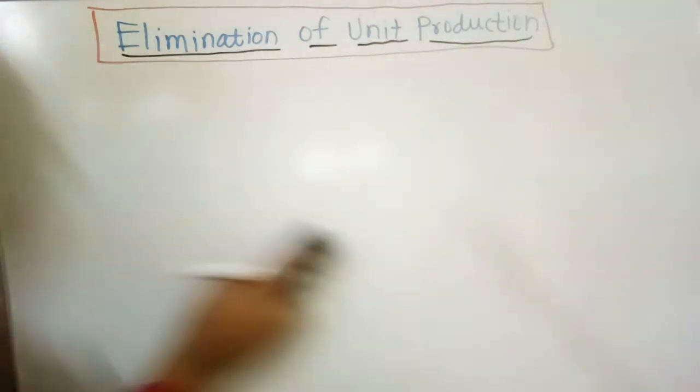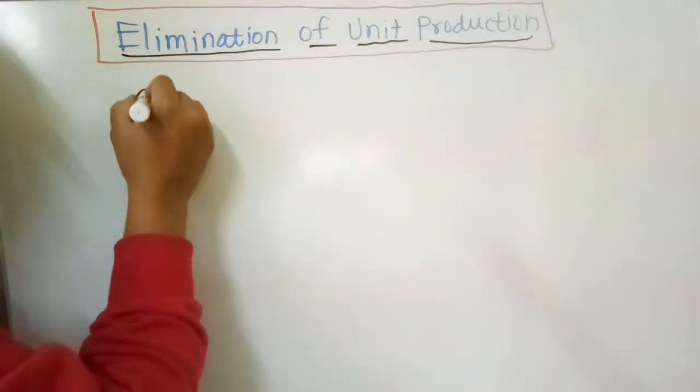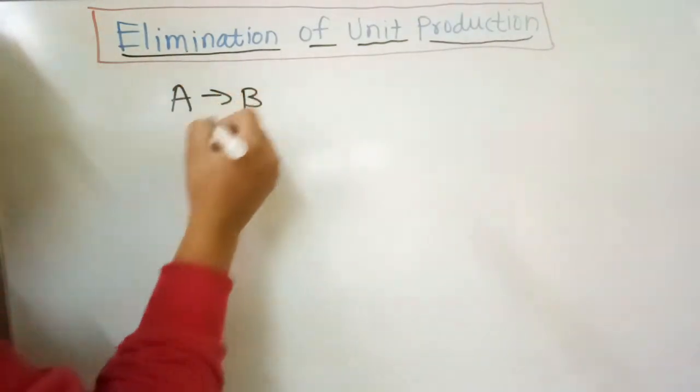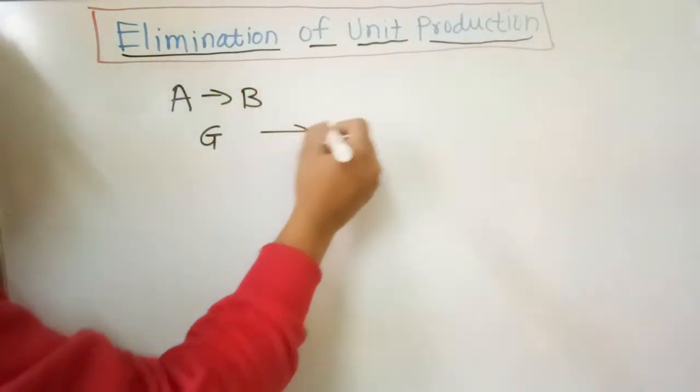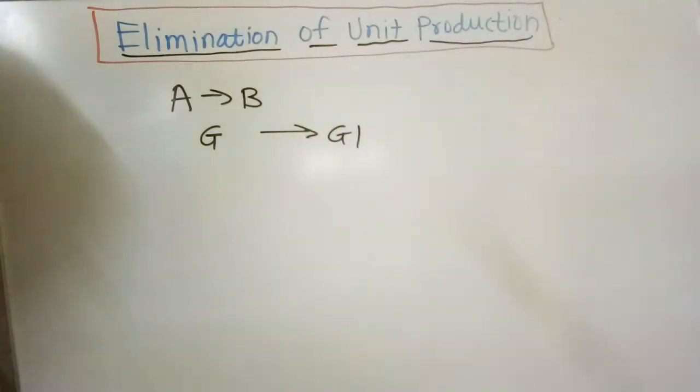The steps for the same are: add all unit productions of G to G1, meaning productions like A gives B are the unit productions. Suppose they are part of G, then include them in G1 also.